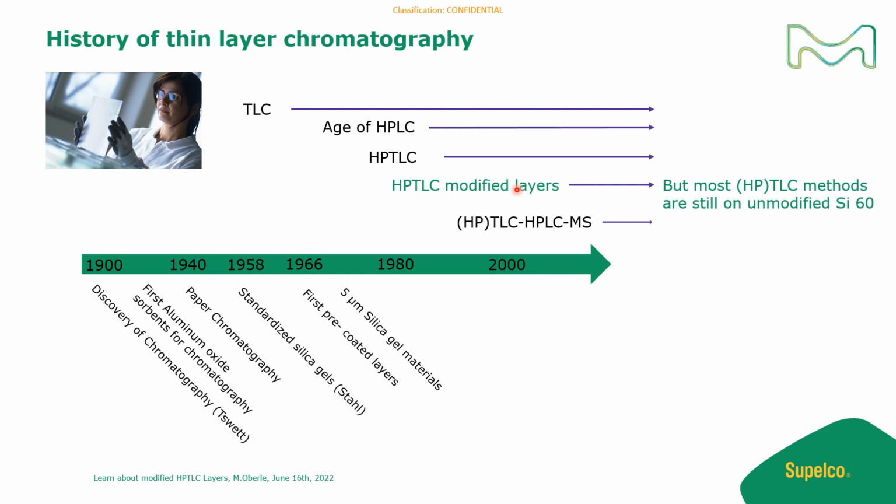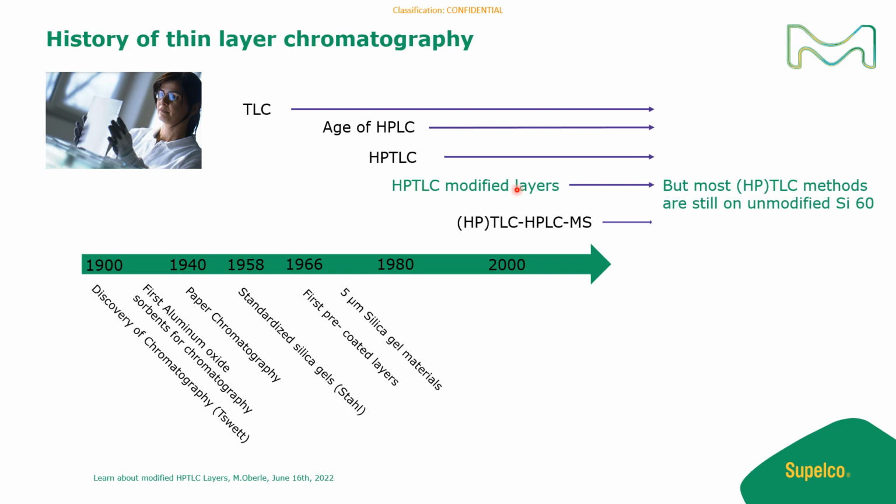The next milestone was in 1955 with the standardized silica gel developed by Stahl. In the 1960s, first pre-coated layers appeared on the market. And with the development of 5-micron silica gel materials in the 1970s, the age of high-performance thin layer chromatography starts.